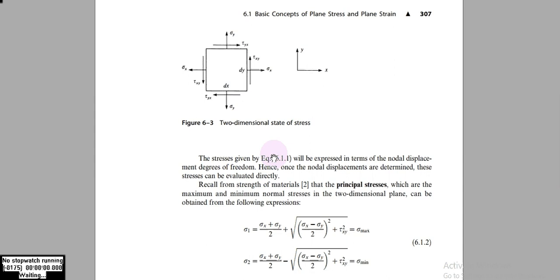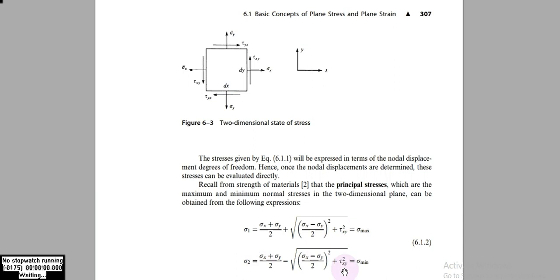And we can see the principal stresses, that is, the maximum and minimum normal stress in the two-dimensional plane can be obtained by the following equation. Sigma 1 and sigma 2 are the principal stresses which can be obtained with this formula: sigma 1 equals (sigma x plus sigma y) divided by 2 plus the square root of ((sigma x minus sigma y) divided by 2) squared plus tau xy squared, and it is always the maximum stress.